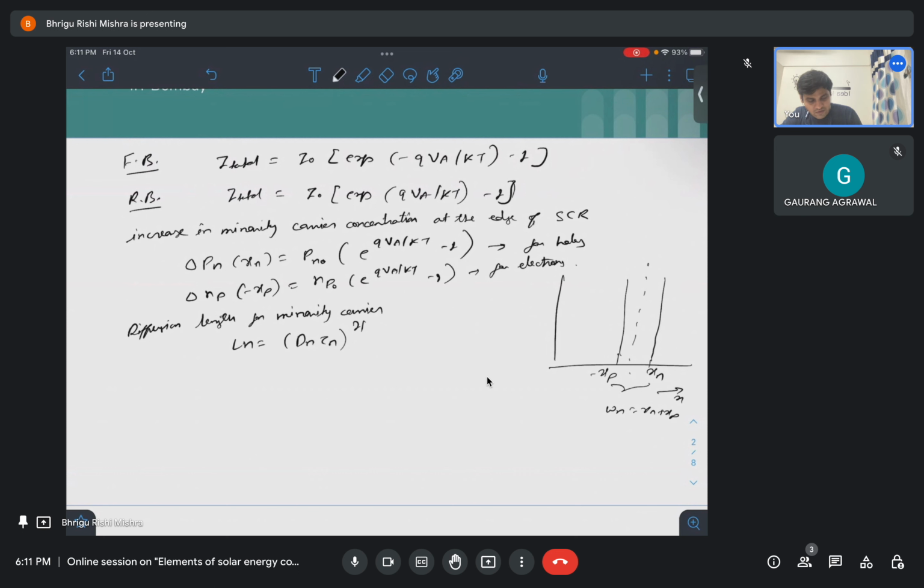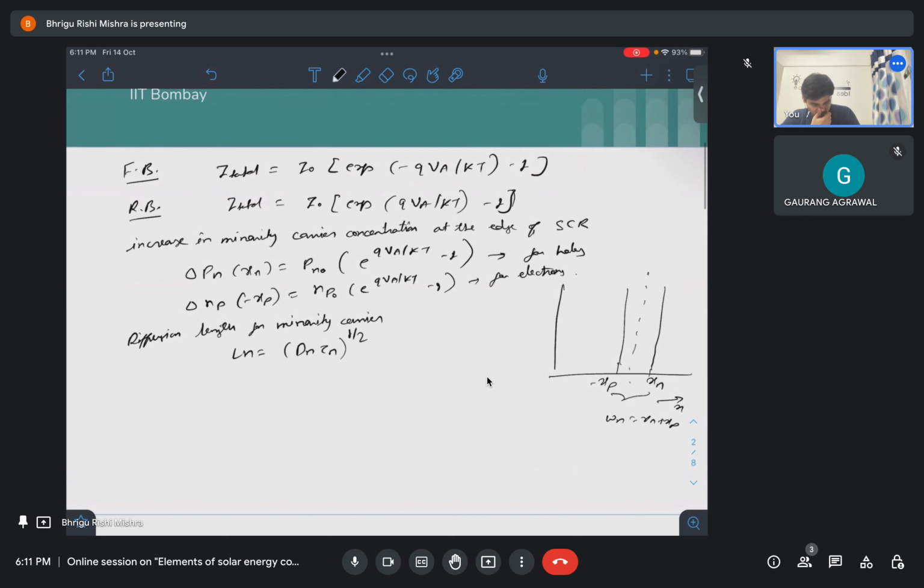Now we can write this in terms of x, because as x changes, the injected carrier concentration either decreases or increases.